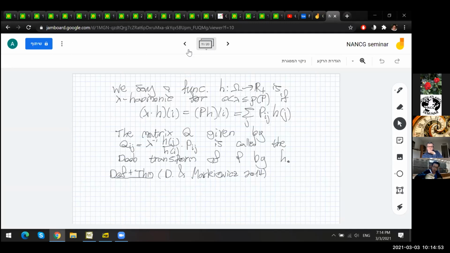So P irreducible with E_P locally finite. I should say that this theorem is a consequence of a theorem of mine with Markiewicz. So locally finite means that every row and every column has finitely many non-zero entries in this matrix.